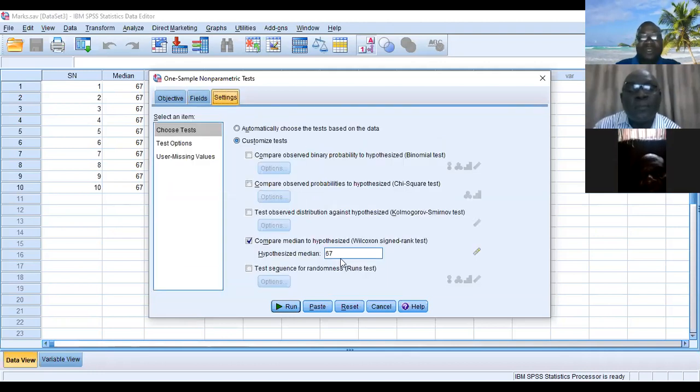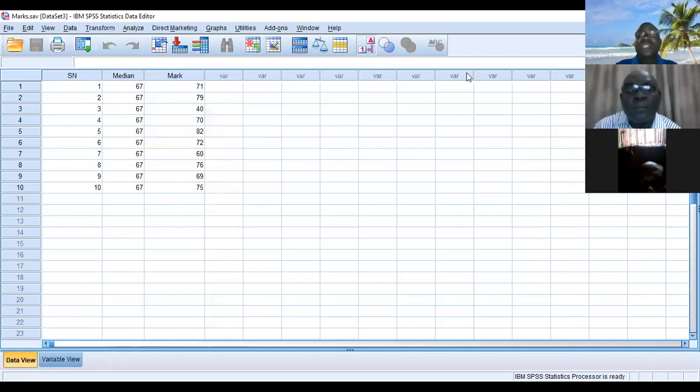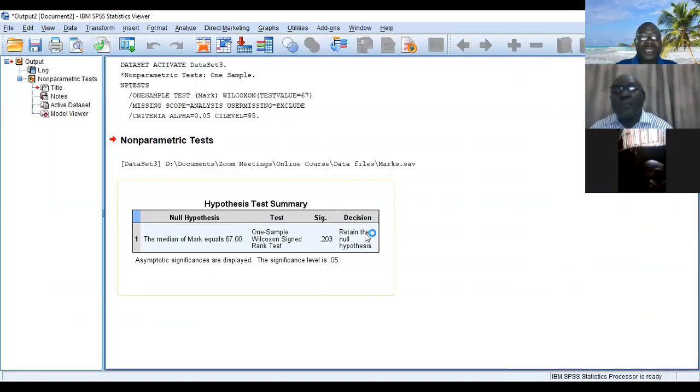So that's 67, the median. After I click on this one I put that 67 here. So let me share what it brought out, the output.